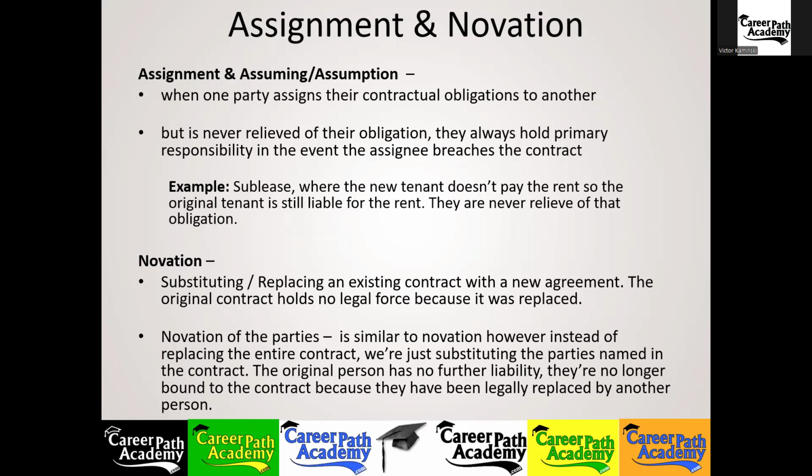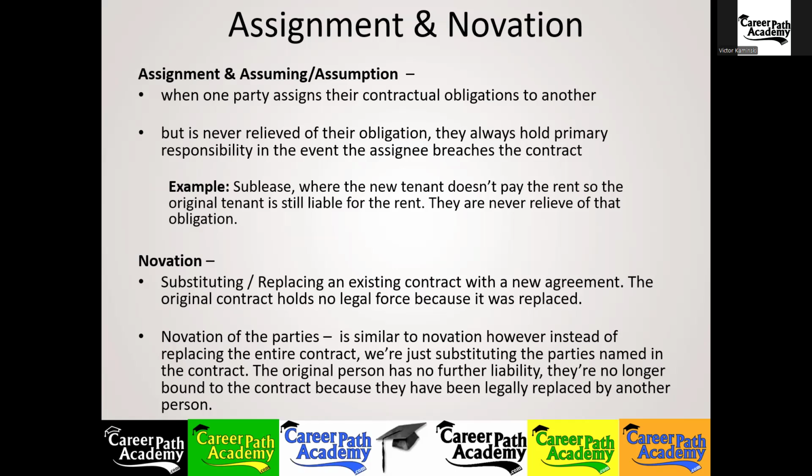So when one party signs a contract, they transfer their contractual obligations over to another. When they do this, though, they're never relieved of their original obligations. So if the person who assumed those legal obligations does not perform like they're supposed to, the original person that signed the contract is still responsible.